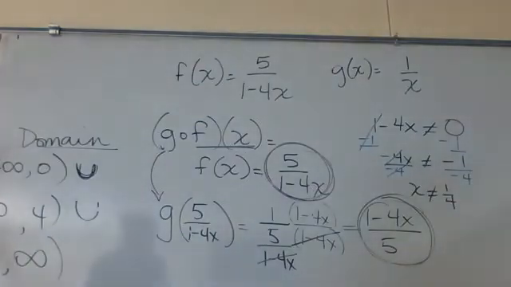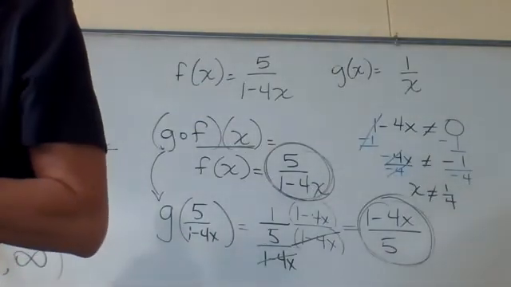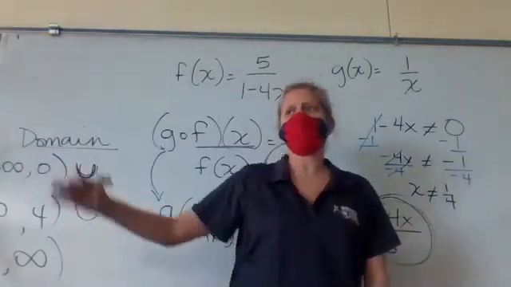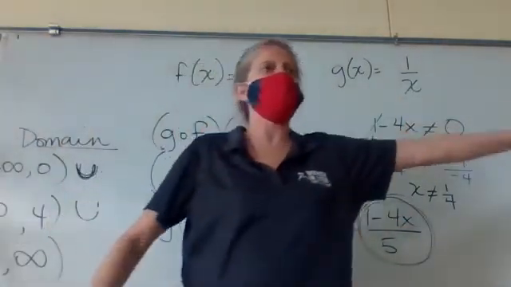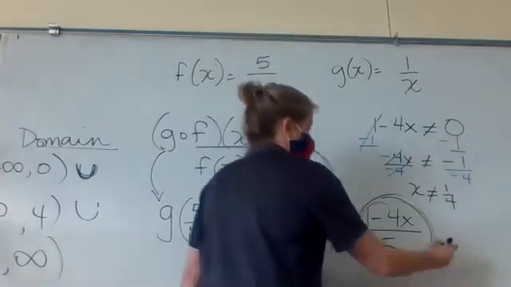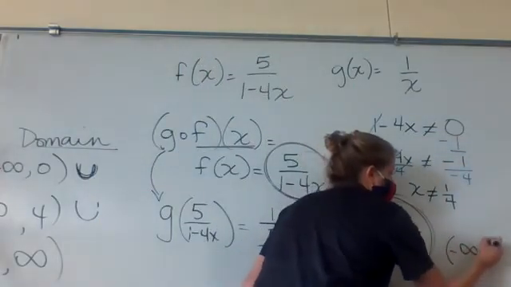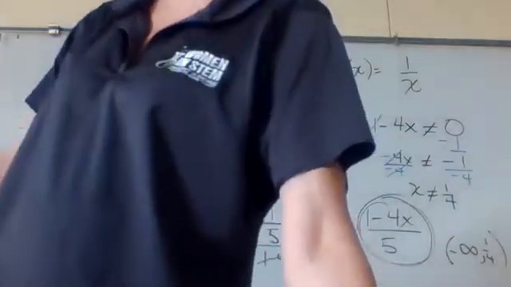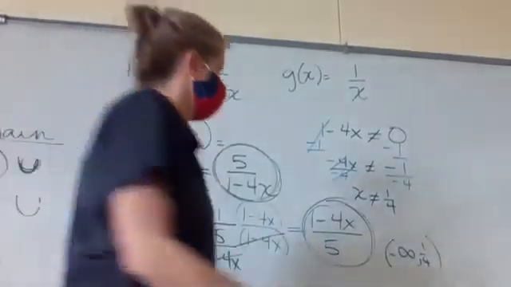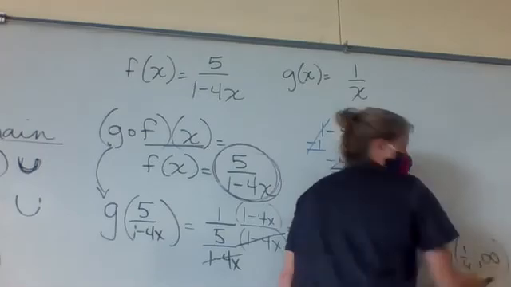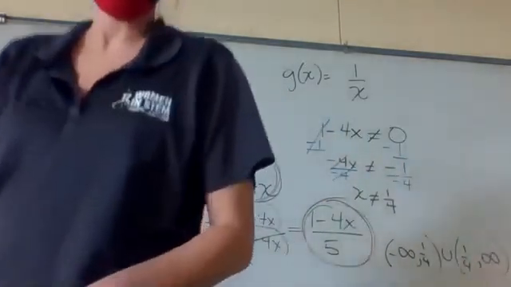So it just can't equal 1/4. It can be anything else though. So how would I write that? All the numbers on the number line from negative infinity to positive infinity except 1/4. Which would be negative infinity to 1/4. That's all the numbers below 1/4. And then all the numbers above 1/4. So, 1/4 to positive infinity.